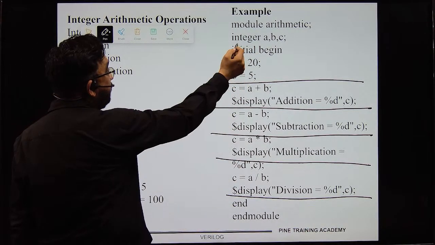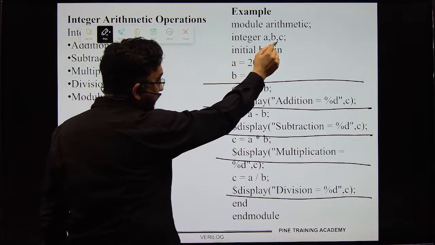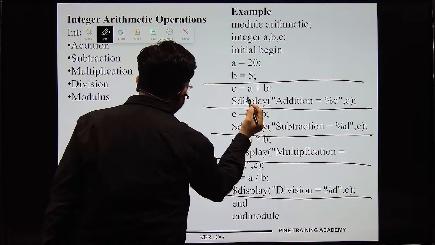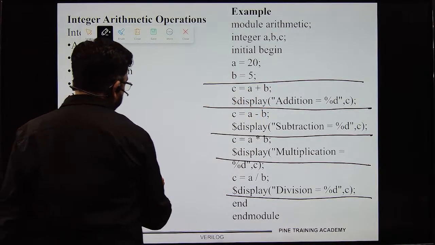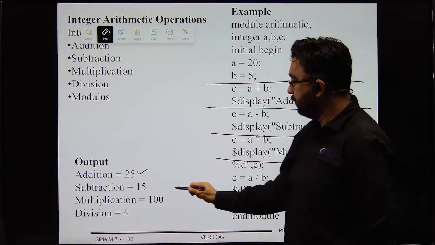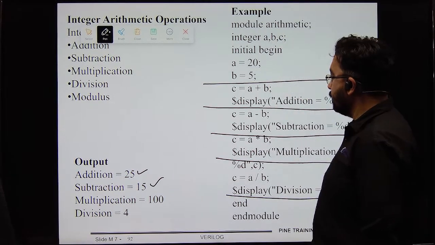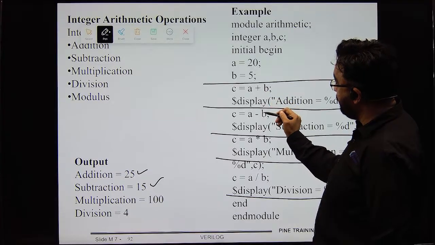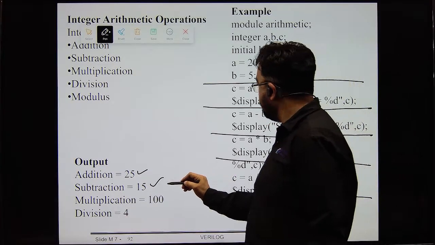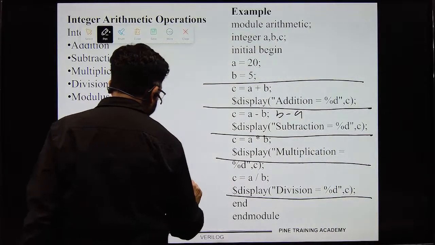So what is the output? Here C is the output. C is equal to A plus B, so your output is 20 plus 5, 25. C equal to A minus B, 20 minus 5, 15. If you want to make it B minus A, then the output will be minus 15.